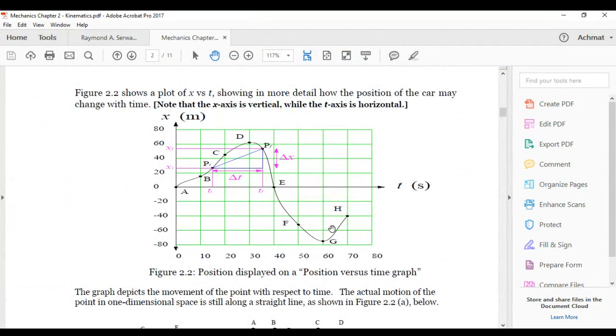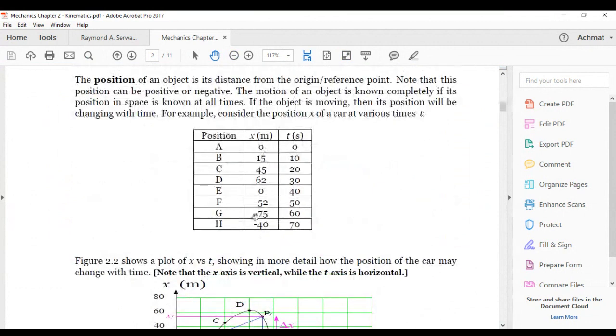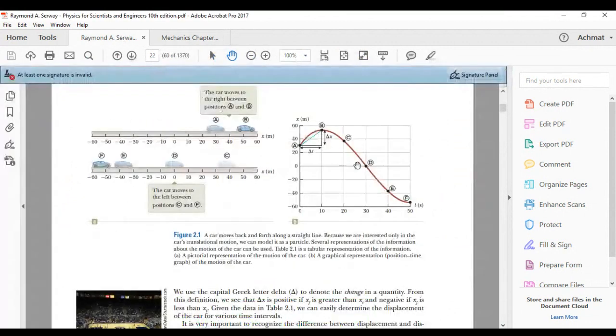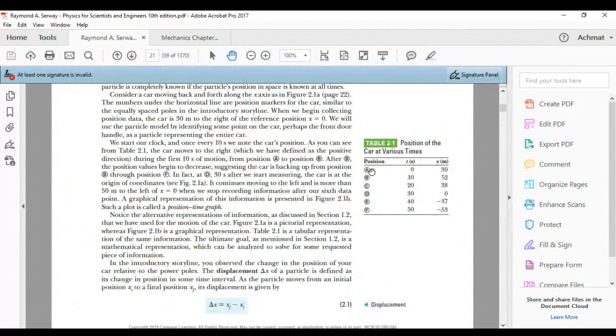That is our drawing, and you can see it goes from A up to H, whereas in the textbook we have A to F. Right, so these are the values. From A to F, the time is given here, and the positions, not displacements. These are not displacements. These are all positions on the position axis.